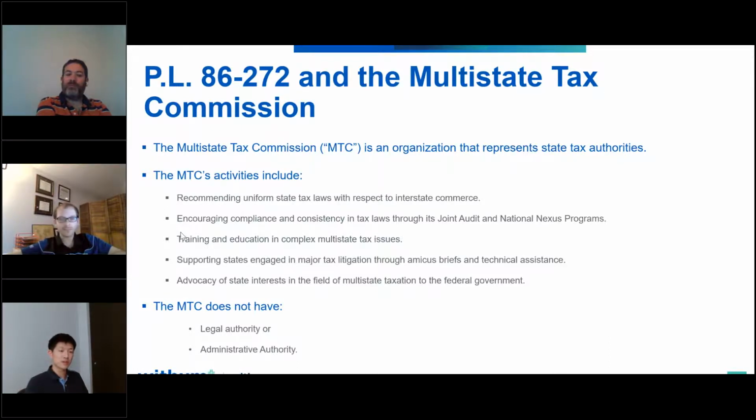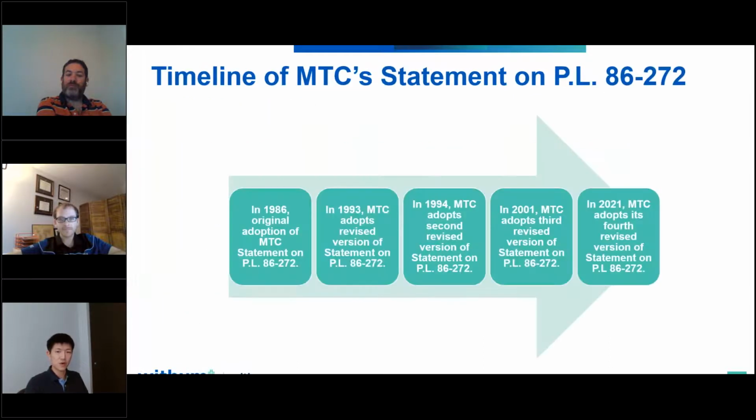I want to go through the timeline we discussed earlier. It's a more visual representation. The original adoption is in 1986, and you're going to see two time periods that had major revisions to their statement: one in 93, 94, and then 2001.